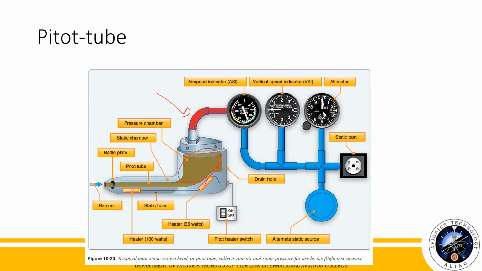So, the aft section of the pitot tube is equipped with small holes on the top and bottom surface that are designed to collect air pressure that is at atmospheric pressure in a static or still condition.